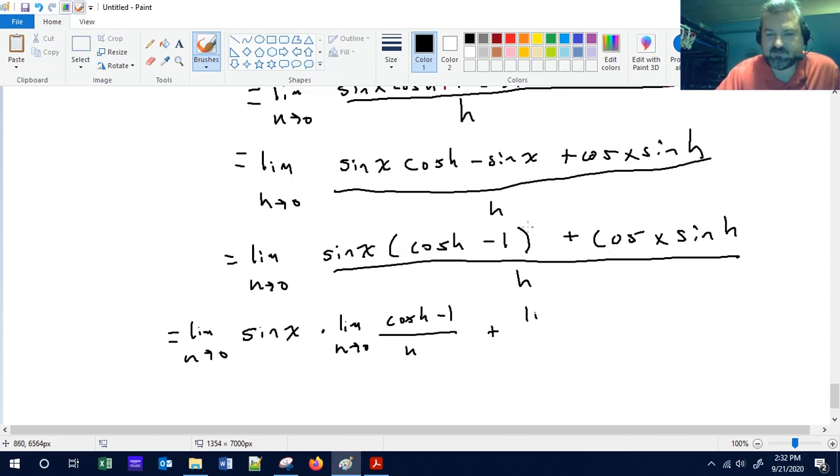When I divide this term by h, I can't divide both sine of x and cosine h minus 1. I have to pick one of them. I pick the cosine of h minus 1. Over here, same thing. I have to pick one of these to divide by h. So I'm going to say plus the limit as h goes to 0. I'm not going to divide that one. I'll just say cosine of x times, I will divide this one now.